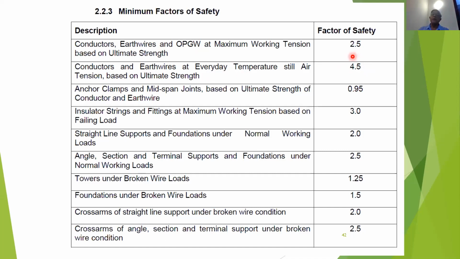So you use the tension at 4.5, and under that condition you tension the conductor across the towers, and then at the maximum working tension, which is lowest temperature and maximum wind. So from region to region, from country to country, the minimum temperature and maximum wind differ.